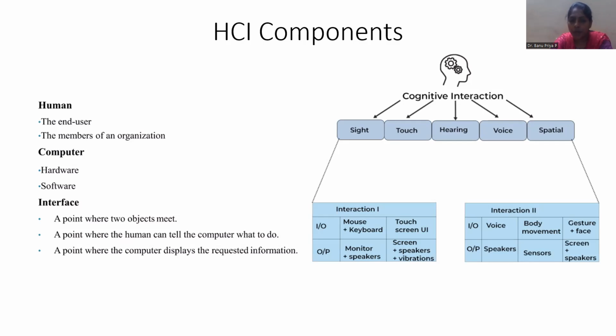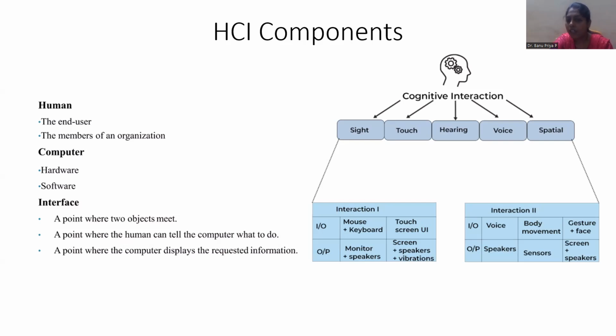Why is cognitive important? Because here is the point where the computer is going to display the requested information. The human is going to tell what the computer has to do. Now the computer is going to understand that and display that information. There should be some cognitive interaction between that human and computer. How is it happening? The interaction can be of two types.